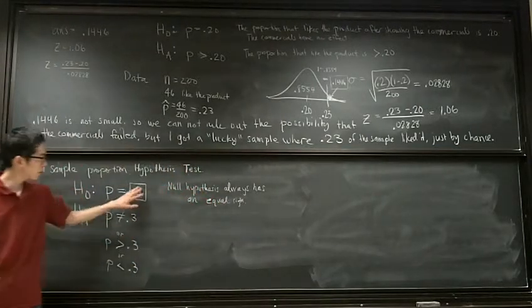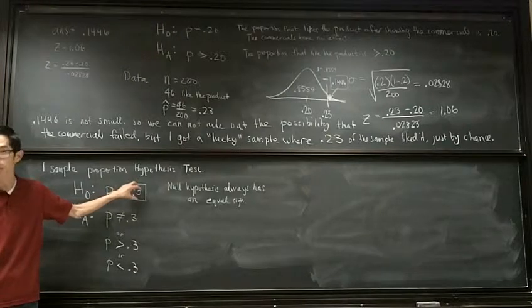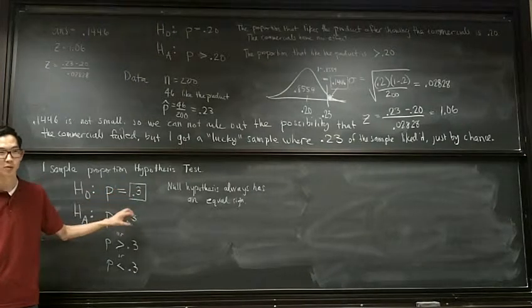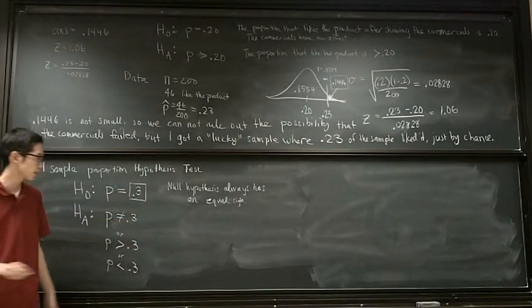And the number that shows up in the null hypothesis is the same number that shows up in the alternative.